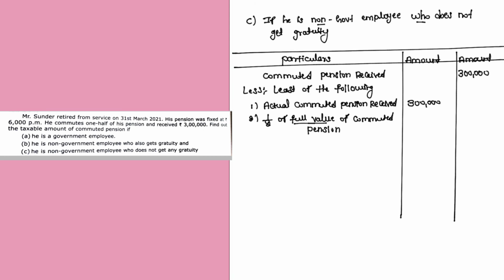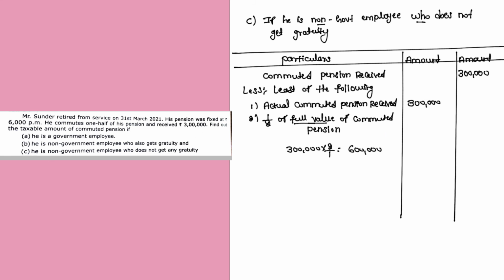So we have to identify the full value. In this problem they gave only 50% of the pension, that is 1/2. So we have to identify the full pension. To identify that, 3 lakhs into 1/2, you reverse it, 2/1. So you will get 6 lakhs as your full pension.